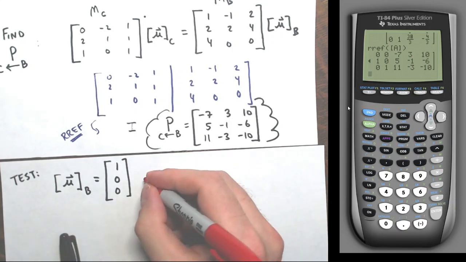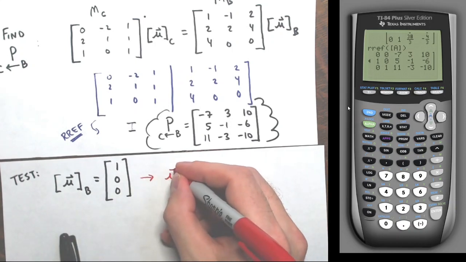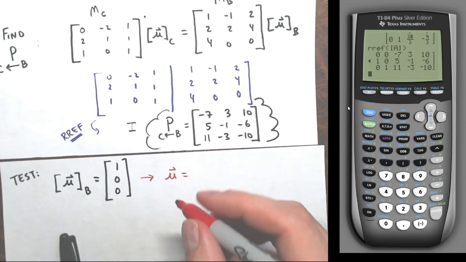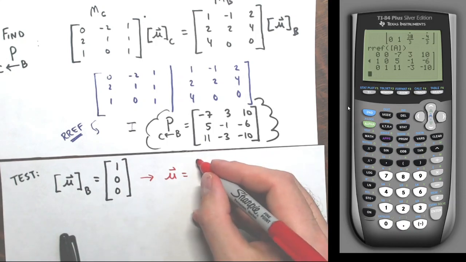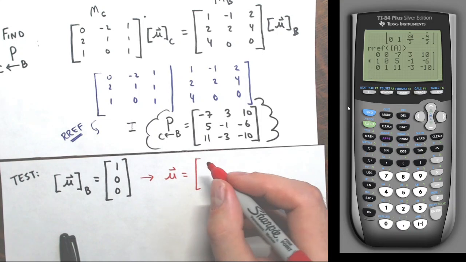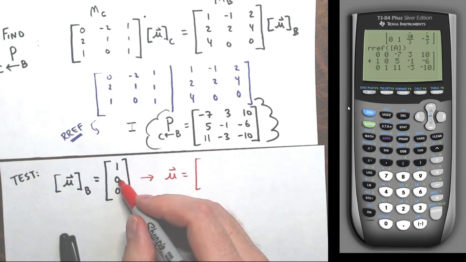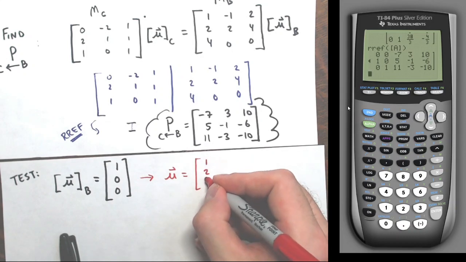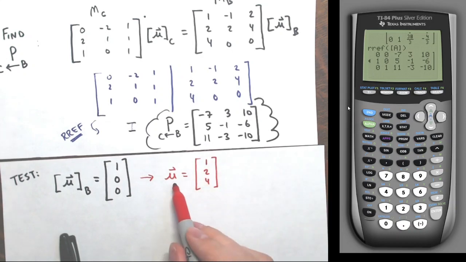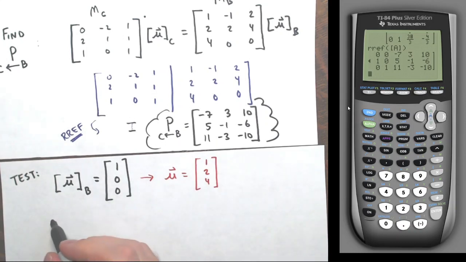All right, so what does this mean? This means that vector U in R3 here is just the first vector from B: 1 times the first vector from B, 0 times the second vector, 0 times the third vector. The first vector from B is 1, 2, 4. So vector U is the vector 1, 2, 4. Now I multiply this by this matrix.